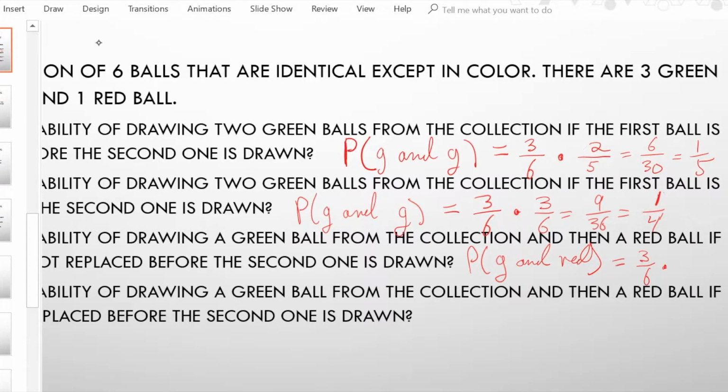And it says not replaced. So when I draw the second one, how many total are left in the bag? 5. And then how many of those are red? 1. So it says 1 red ball. So that gives me 3 out of 30, or we could reduce it to 1 out of 10, or you can get 0.1.